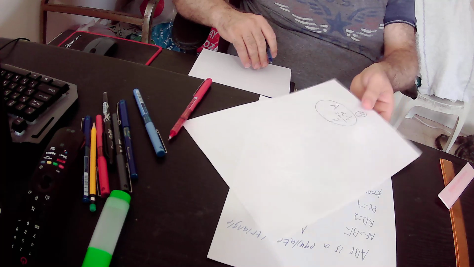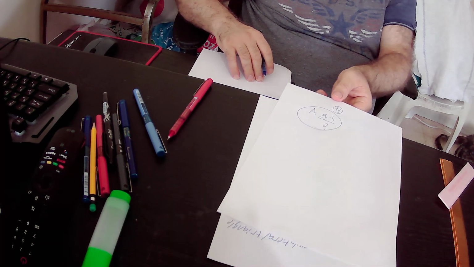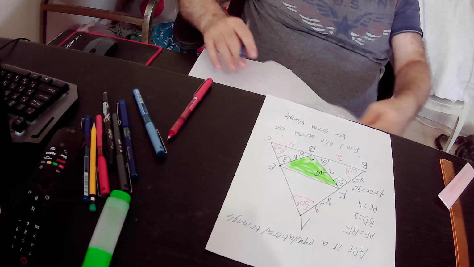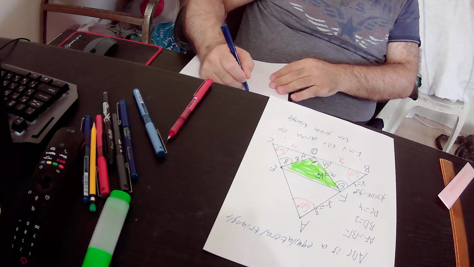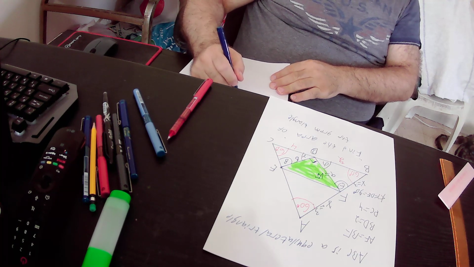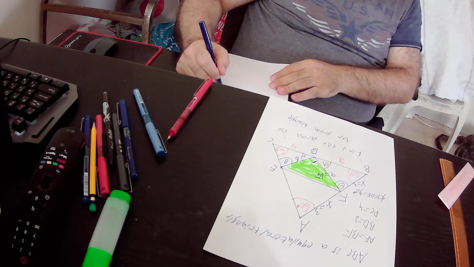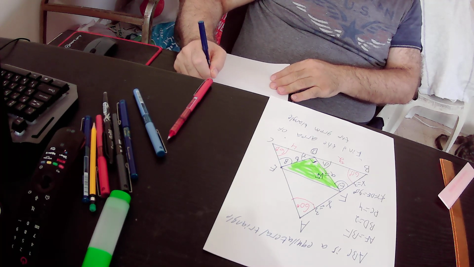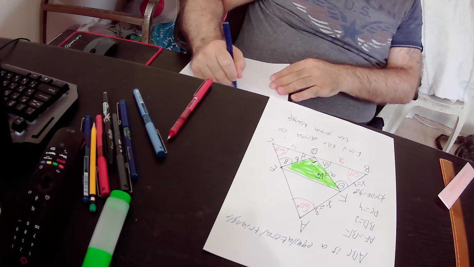This is the area of the green triangle, a times b over 2. And the value of a is root 7, and the value of b is root 7 times root 3 times 4 over 5.